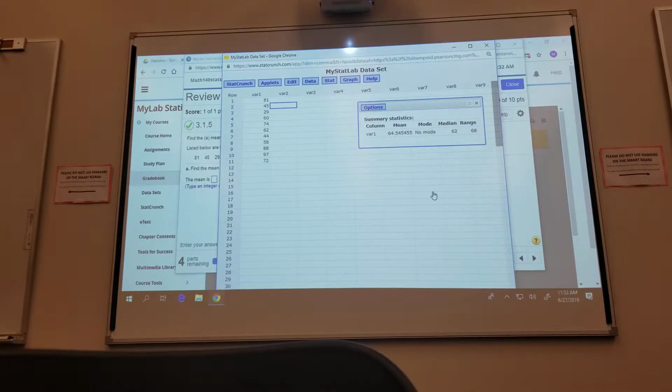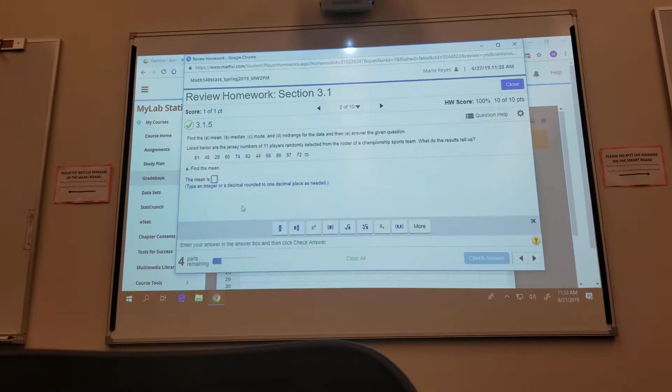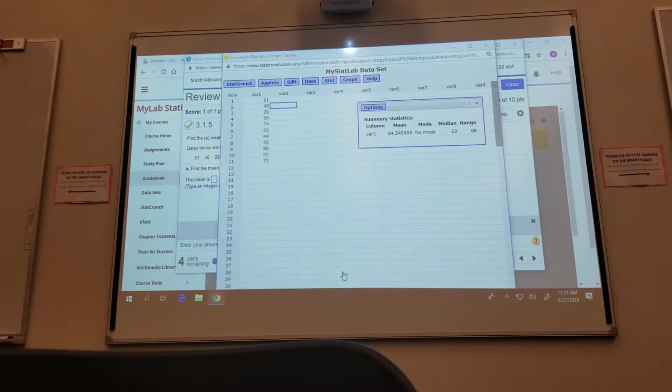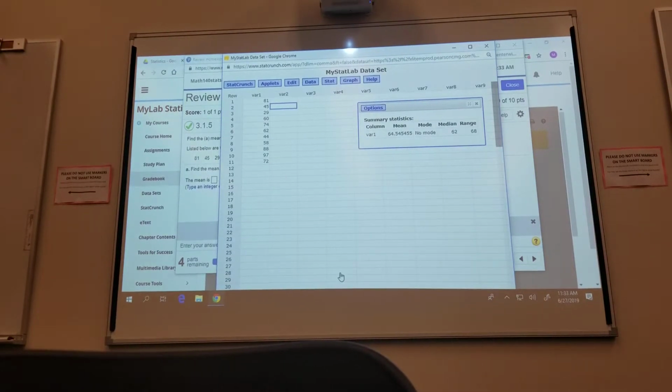So does she just put the mean in like that? No, you gotta see how many decimal places it wants you to round to. Rounded to one decimal place. And who remembers rounding from Ernesto's workshop? Good job, Ernesto. So how do you round that number?